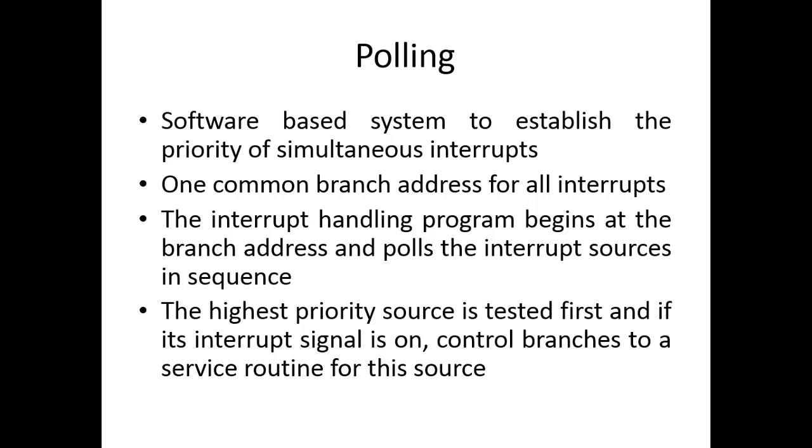As the devices already contain priority values and these values are provided with the interrupt request, the interrupt handling program considers the highest priority source first and checks whether its interrupt signal is on. If its interrupt signal is found to be on, then the associated peripheral device gets access to the required components of the computer. And in that case, the control branches to a service routine for that particular source or I/O device.